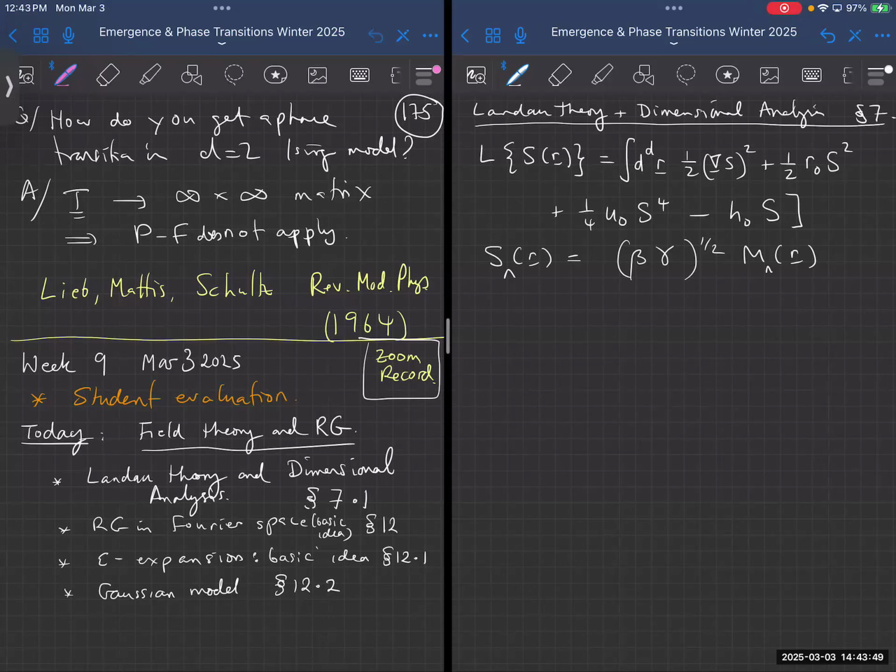And then this R0 is what I called a T, where T is T minus TC over TC. And this U0 over 4, that's what I previously called B. In fact, the way I normalized things, it's B over beta times gamma squared.